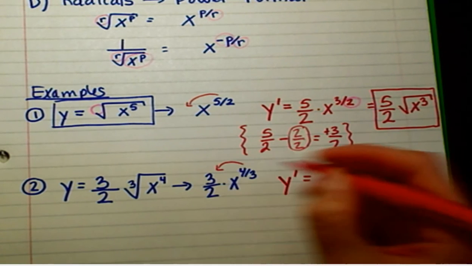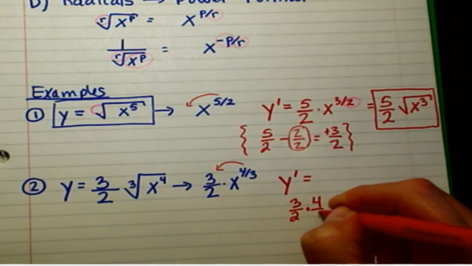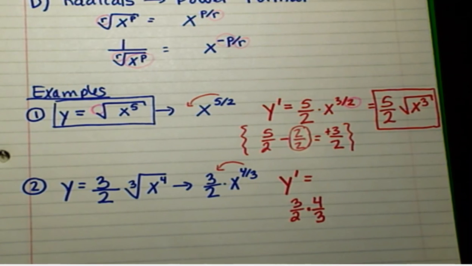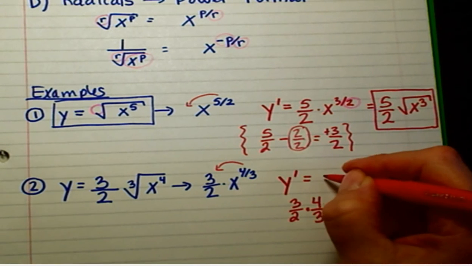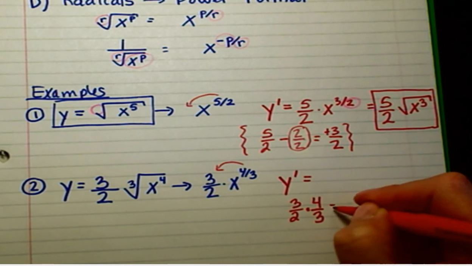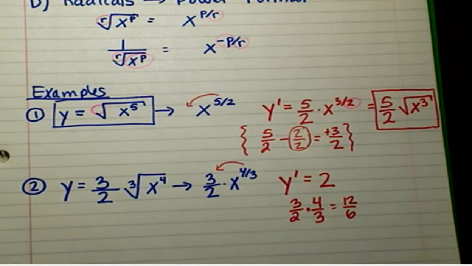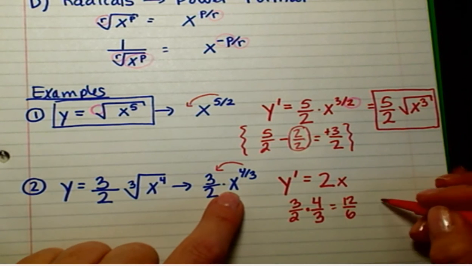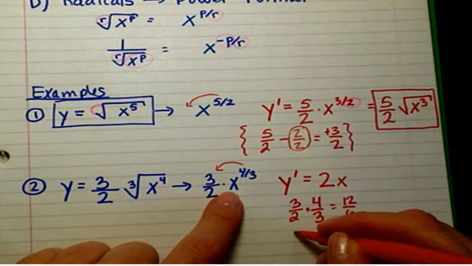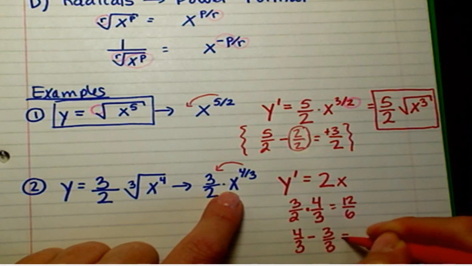Okay, so drop the power. This is sort of up to you, right? So I multiply those two things together. You can either do it in your head or you can write it down. I end up with just 2, right? Which is 12/6, so 2, okay? X, okay, subtract 1. 4/3 minus 3/3, right?